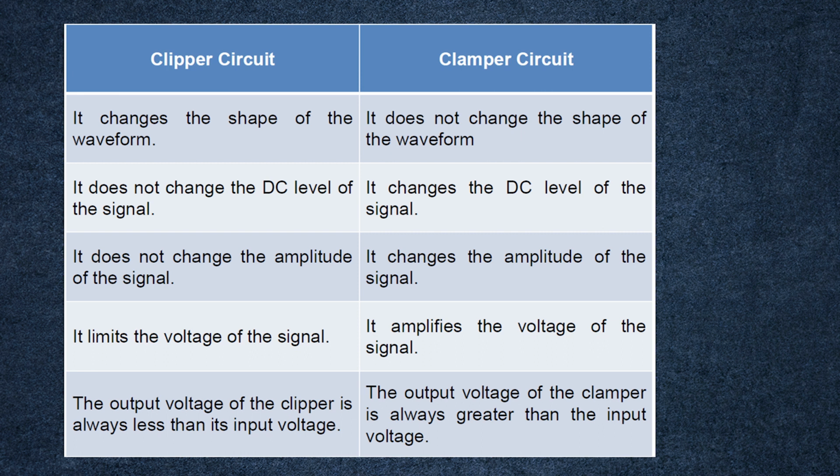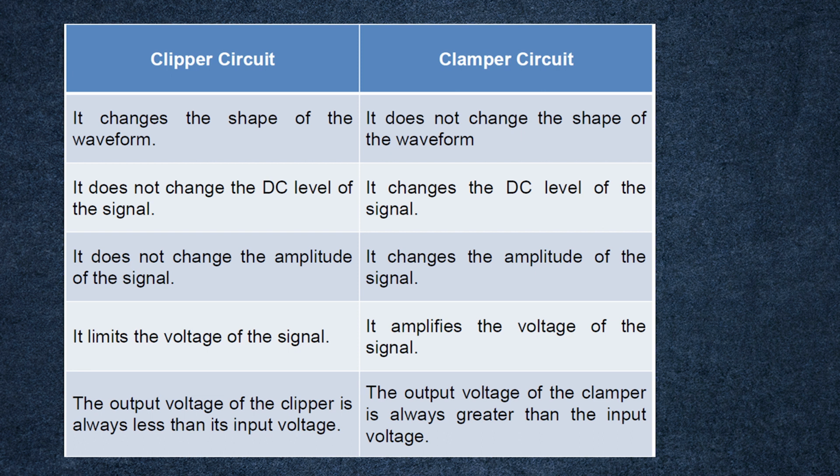The clipper circuit limits the voltage of the signal, whereas clamper circuit amplifies the voltage of the signal. So, the basic work of clipper circuit is to change the shape of waveform, but it does not change the amplitude and it does not change the DC level of the signal, whereas clamper circuit does not change the shape of waveform, but it changes the DC level and changes the amplitude. So, from this we can say that the clipper circuit limits the voltage of the signal, whereas the clamper circuit amplifies the voltage of the signal.